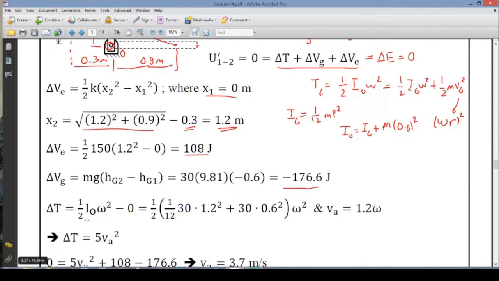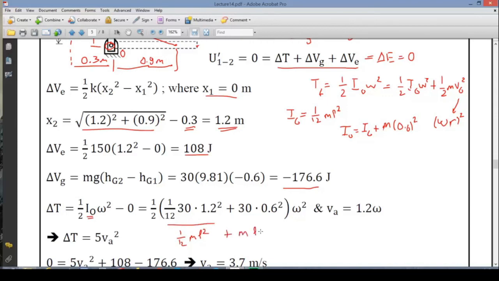And the kinetic energy can be calculated by the use of the mass moment of inertia calculated about this point O. And the mass moment of inertia will be calculated as 1 over 12 m L squared plus m.